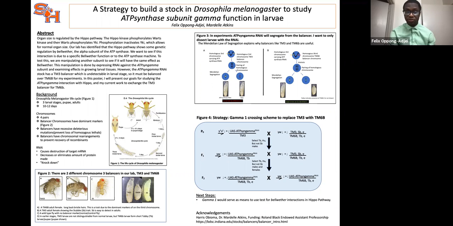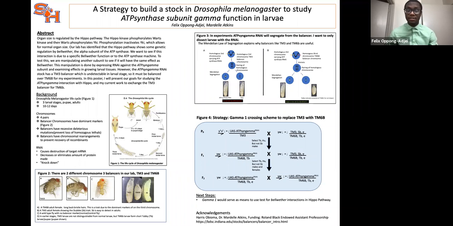Balancer chromosomes have dominant markers, so we'll be able to see them physically as they are expressed on whatever chromosomes they are on. But the problem is that balancer chromosomes have recessive deleterious mutations. So it is important to have a strategy to preserve these mutations so that our balancer chromosomes don't die off.